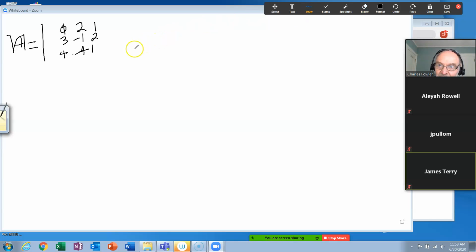So you tell me what to write here. Zero, 3, 4. Repeat the next row, column, 2, -1, -4. Okay, now I'm going to put the bar here. That's not really a determinant bar, but it reminds me that's what I'm doing here.